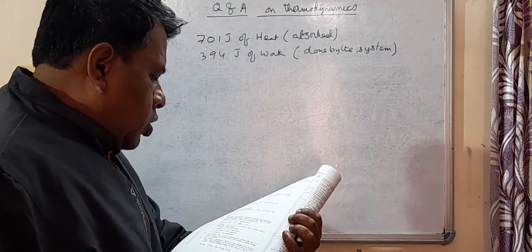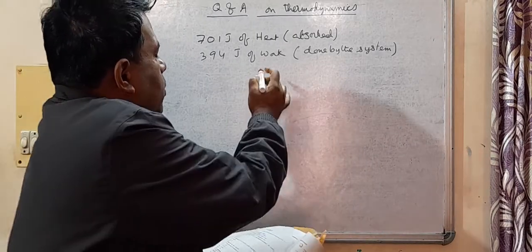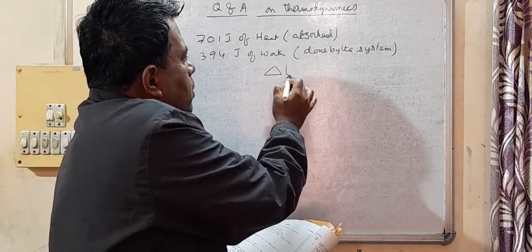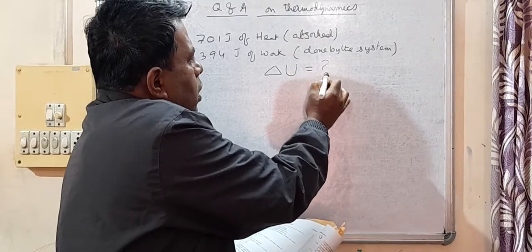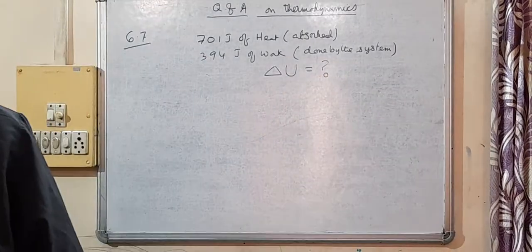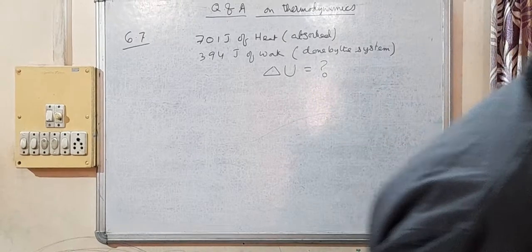We have to find out what is the change in internal energy for the process. That is, we have to find change in internal energy. So this is the question.